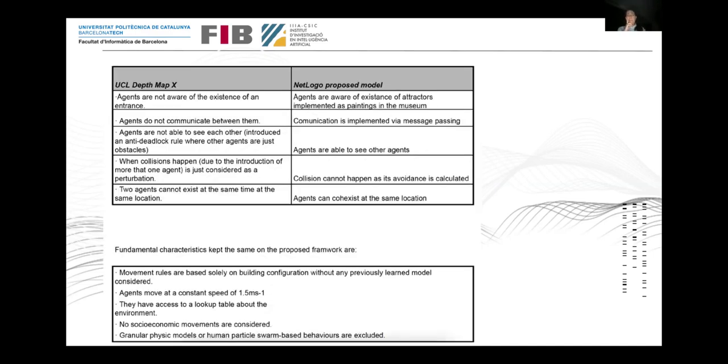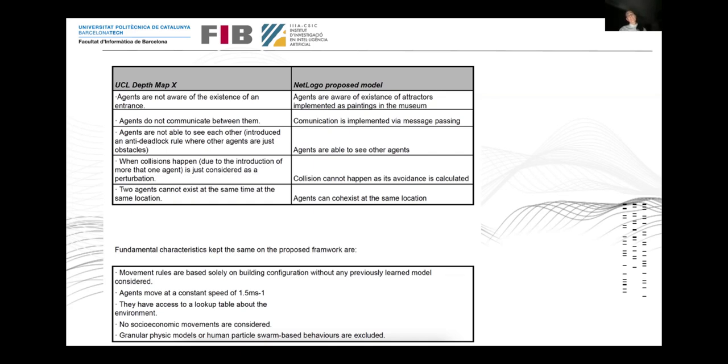Some main differences between the agents' behaviors in DepthMap, as I mentioned before, and the NetLogo proposed model are that, on the contrary to DepthMap, in our model agents are aware of the existence of attractors. In this case, shown today, they are attractors in the form of paintings with different weights. Agents communicate between them with message passing.